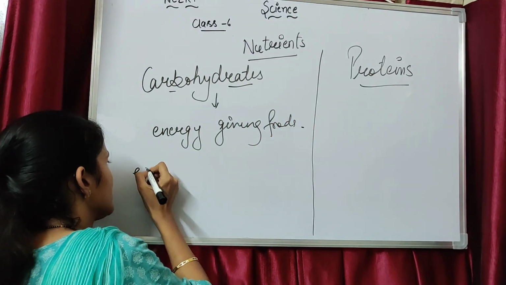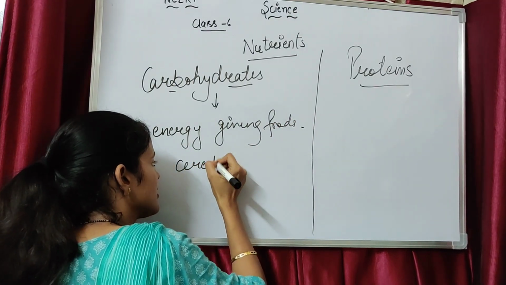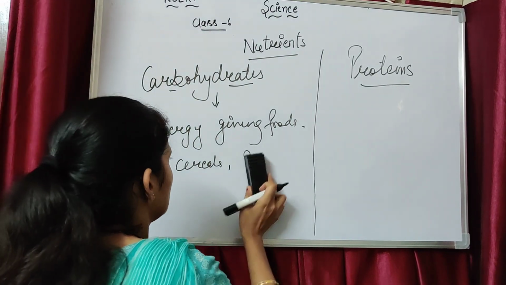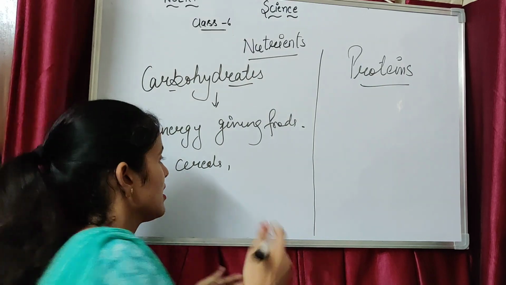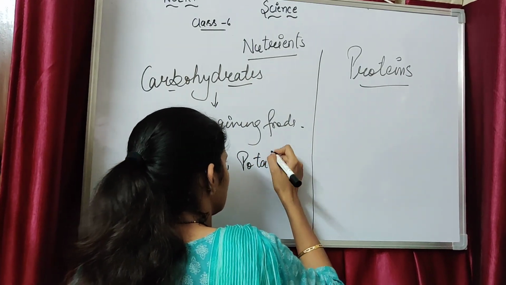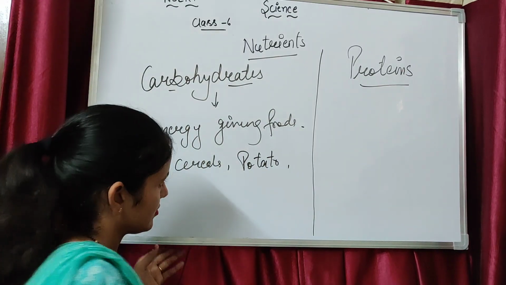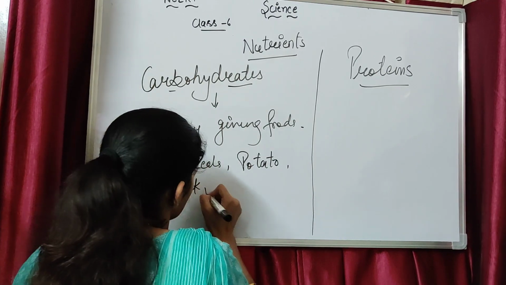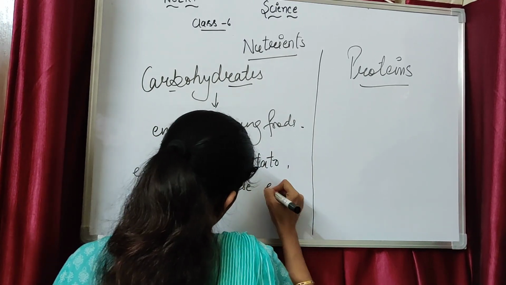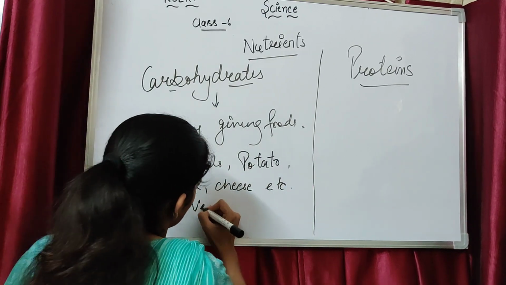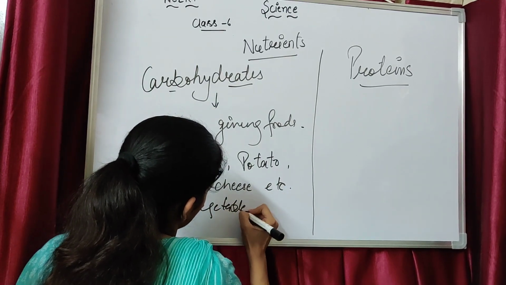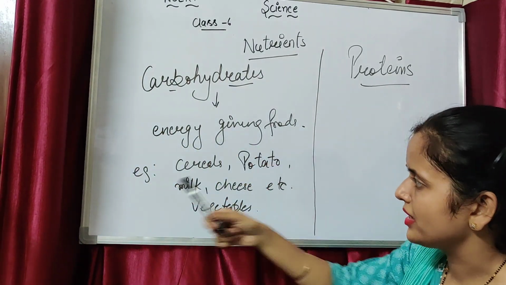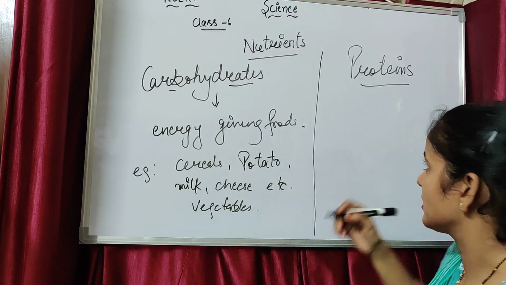Examples are cereals, potato, milk, cheese, etc. Vegetables also. Okay, that's carbohydrate known as energy giving food. Example is cereals, potato, milk, cheese, etc.